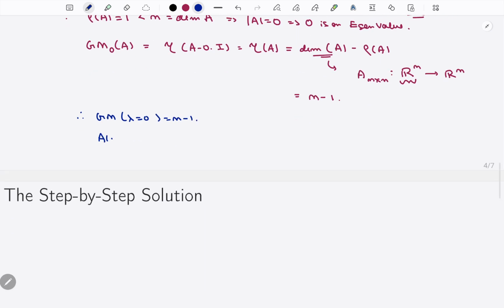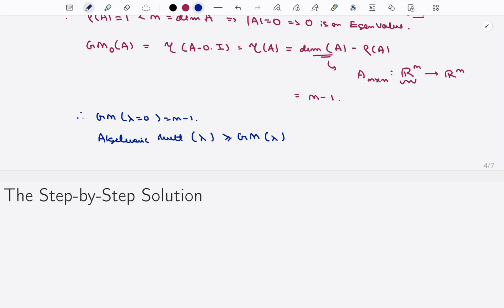Also recall the algebraic multiplicity of an eigenvalue. The algebraic multiplicity of lambda is always greater than or equal to the geometric multiplicity of lambda. If the algebraic multiplicity equals the geometric multiplicity for every eigenvalue, then the matrix becomes diagonalizable, because then you can form an eigenbasis.